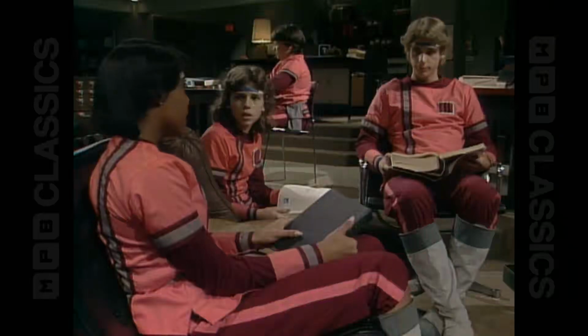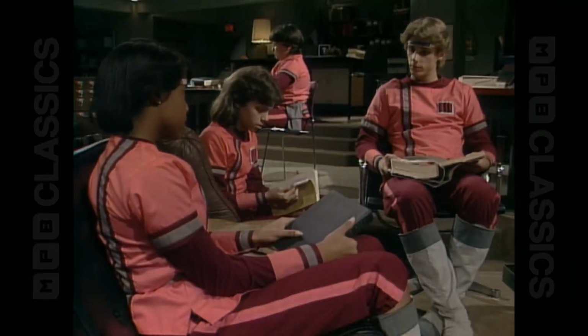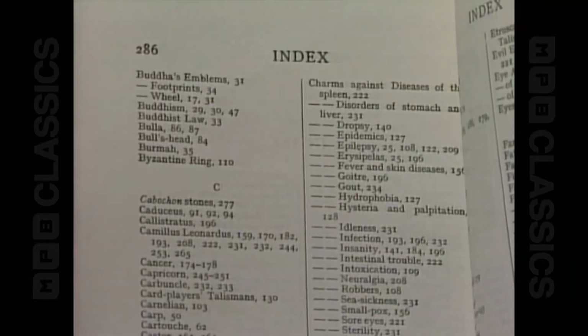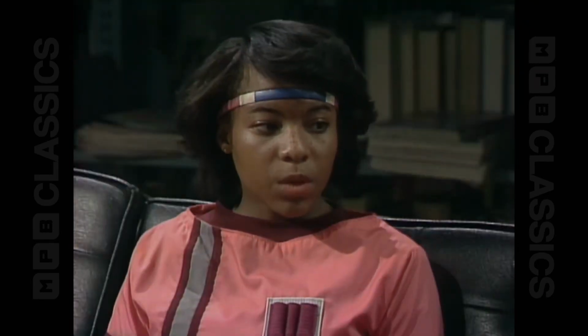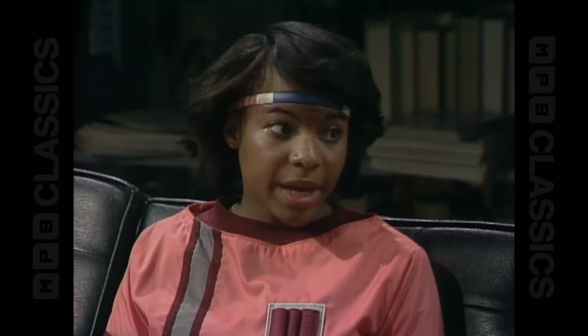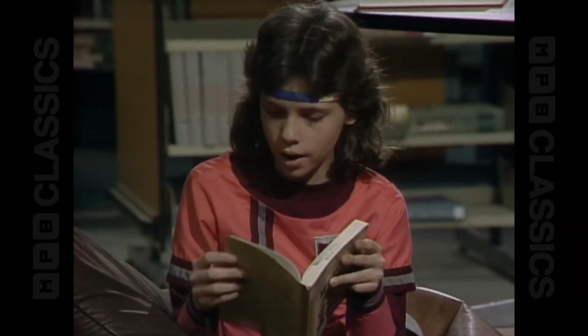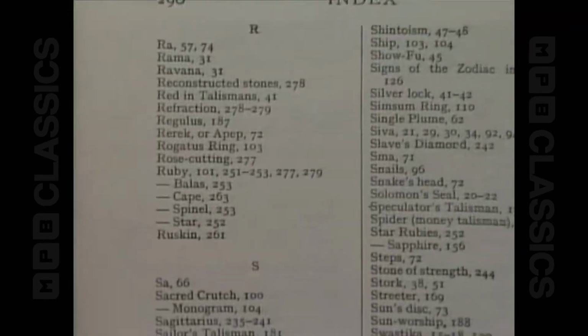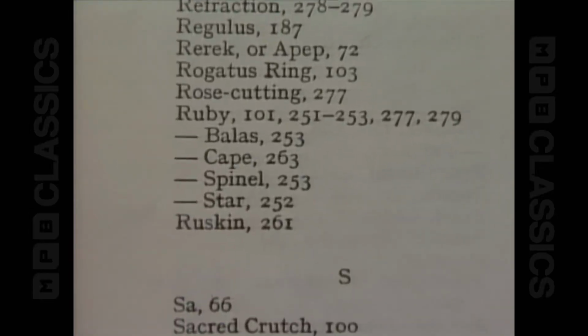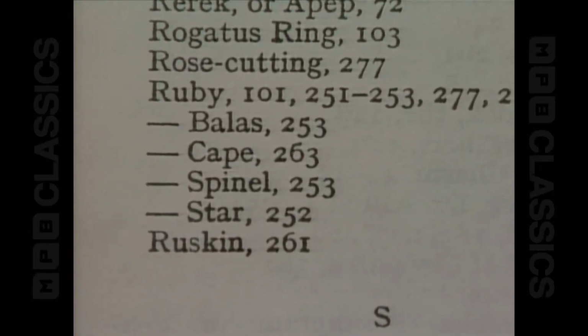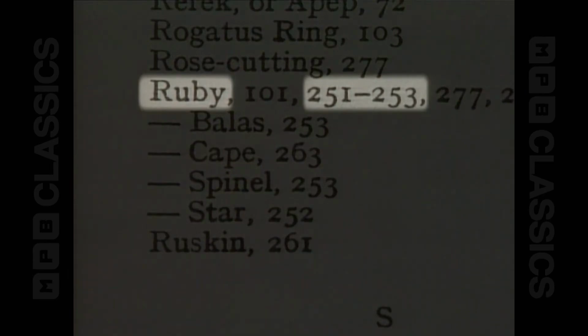Does that book have an index? Yes. You can look up ruby in the index to see which pages have information about it. R-U-B-Y. Here it is, ruby. There's information on several pages.